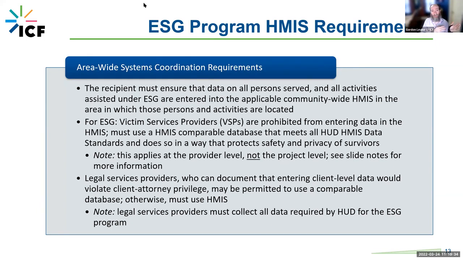Conversely, projects that are operated by organizations that are not victim services providers must go into the standard HMIS, irrespective of whether they serve some, all, or no victims of domestic violence. So the HMIS versus HMIS comparable database thing applies at the agency level. It does not apply at the project level.